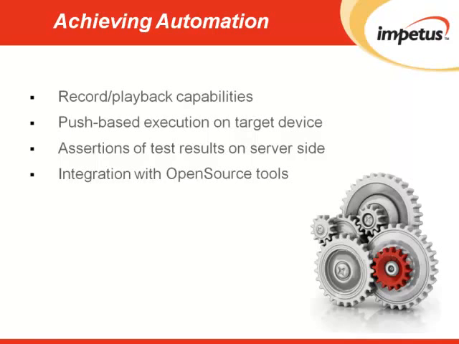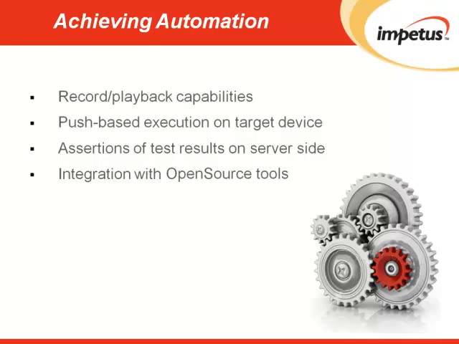Execution capabilities of test scripts on remote devices connected OTA to test servers. Capability of execution of test cases on the server side rather than overloading the mobile device, and generating the reports on a remote server. It should also provide ease of integration with open source tools so that it becomes easy to adopt.